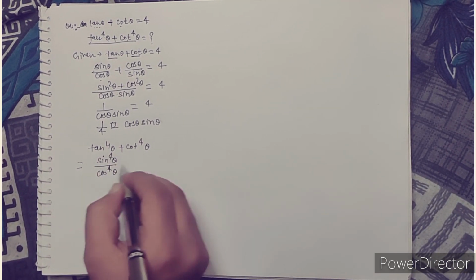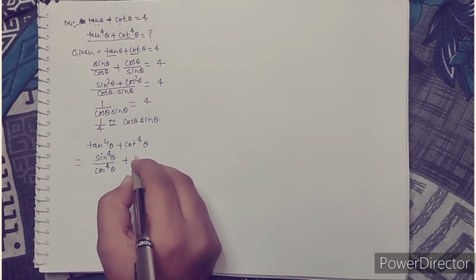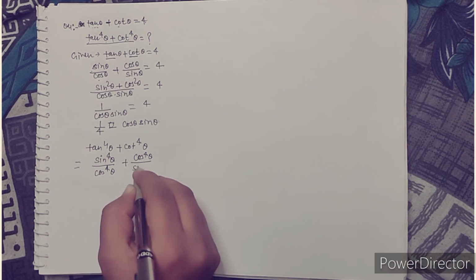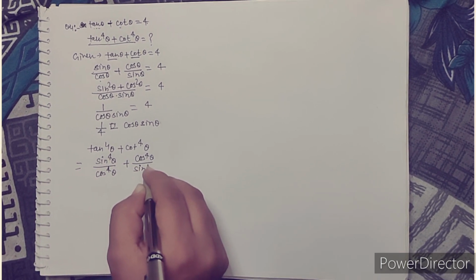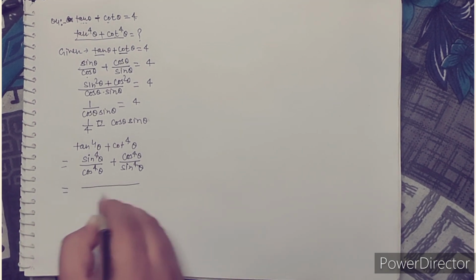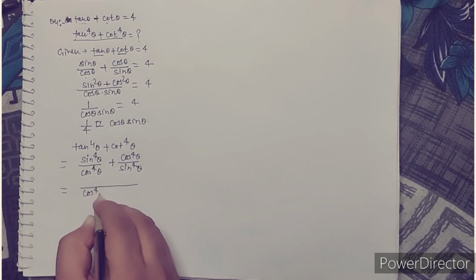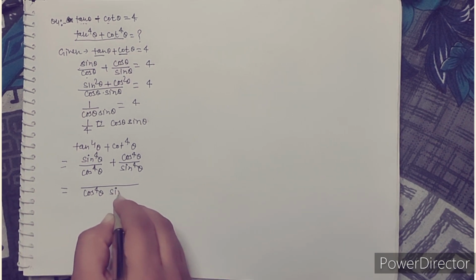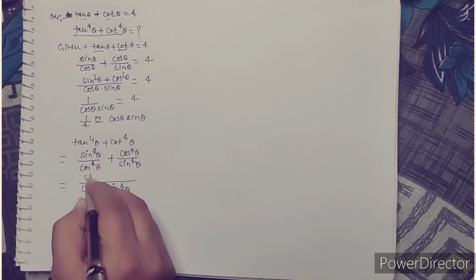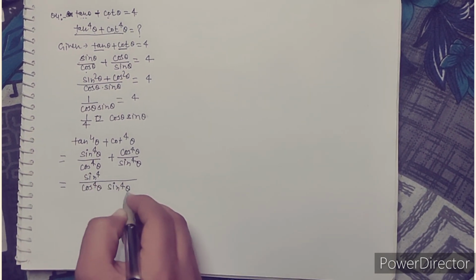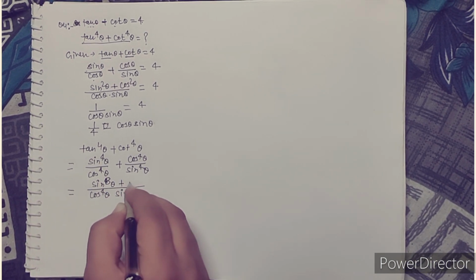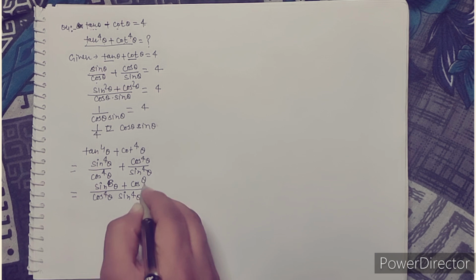So you can mention in this form plus cot theta is equal to cos to the power 4 theta upon sin to the power 4 theta. Having taken LCM will be cos to the power 4 theta into sin to the power 4 theta. It will be sin to the power 8 theta plus cos to the power 8 theta.